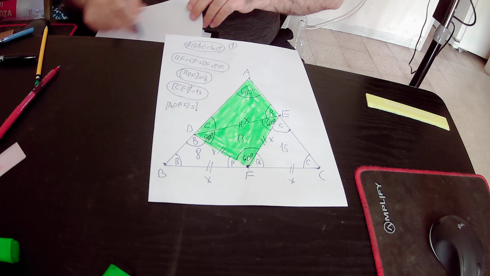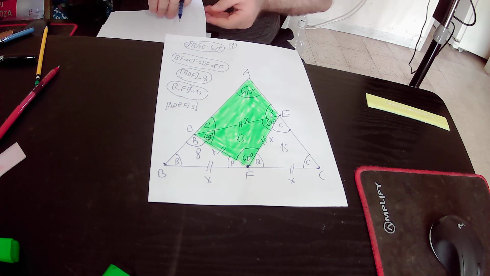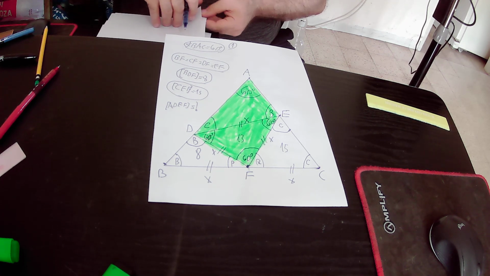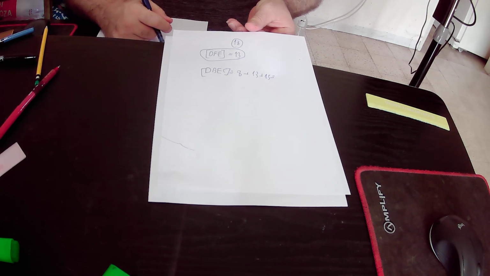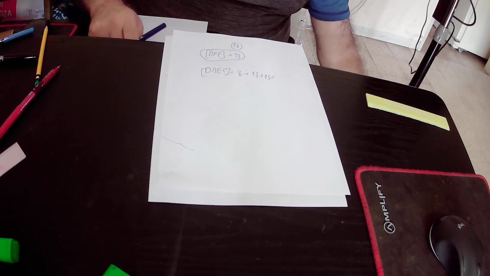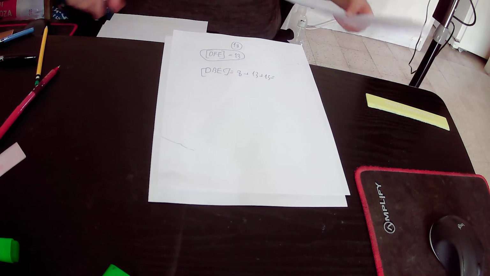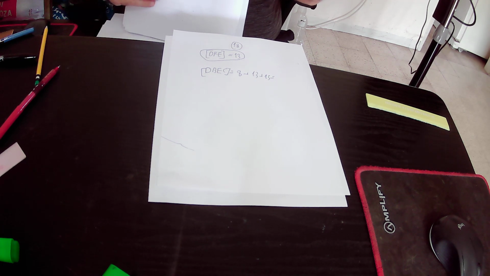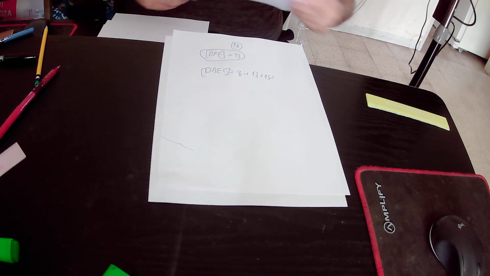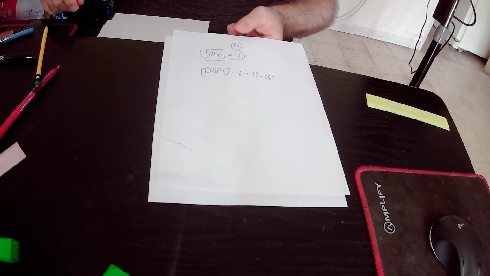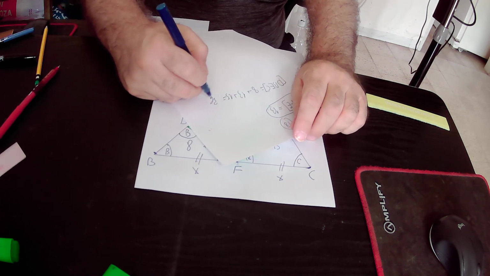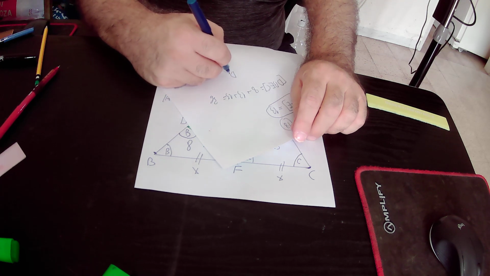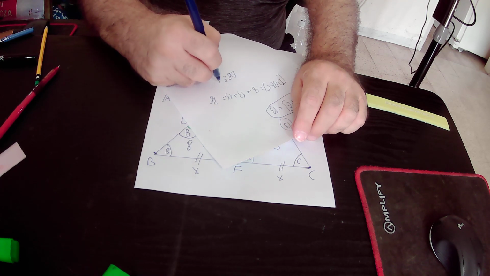So in total, the area of quadrilateral DBEC equals 8 plus 13 is 21, and 21 plus 15 is 36. So the area of quadrilateral DBEC equals 36 square units.